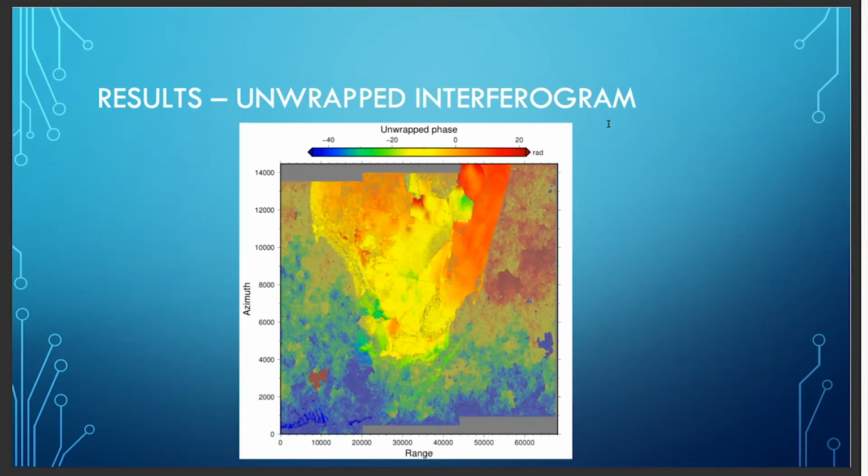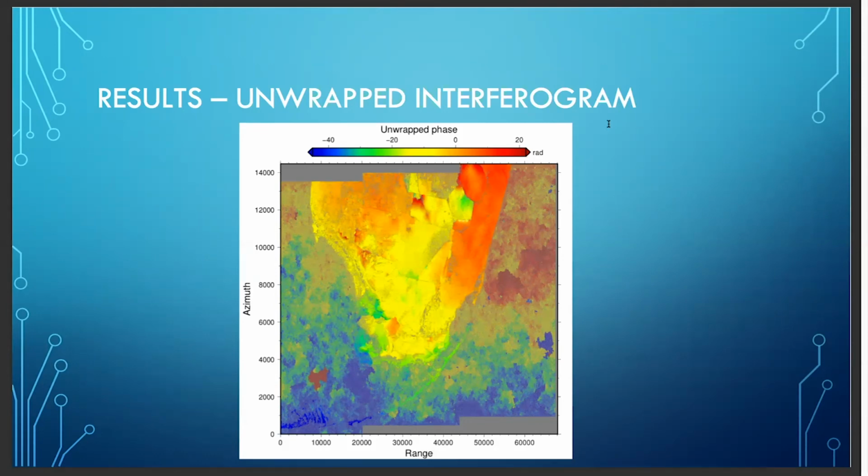You see some kind of pattern on the ocean, like the red. Google will unwrap everything. But that could be atmospheric, or no. This is just Google likes to unwrap everything, so it just makes mistakes.